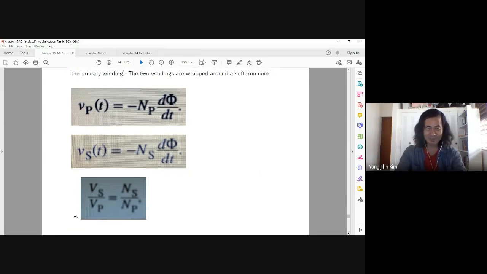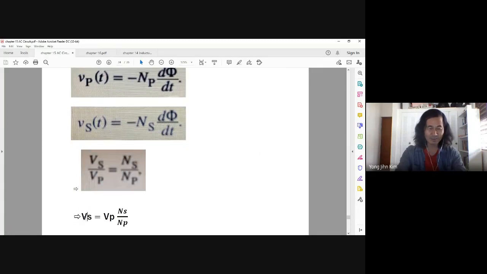So the voltage in the secondary coil is the voltage of the primary coil times Ns turns over Np turns. So that's the ratio of wire turns. So if the secondary coil has more turns, then this quantity is bigger than 1.